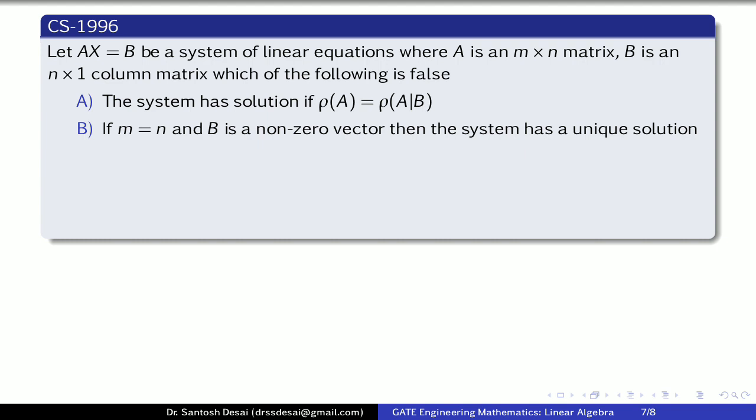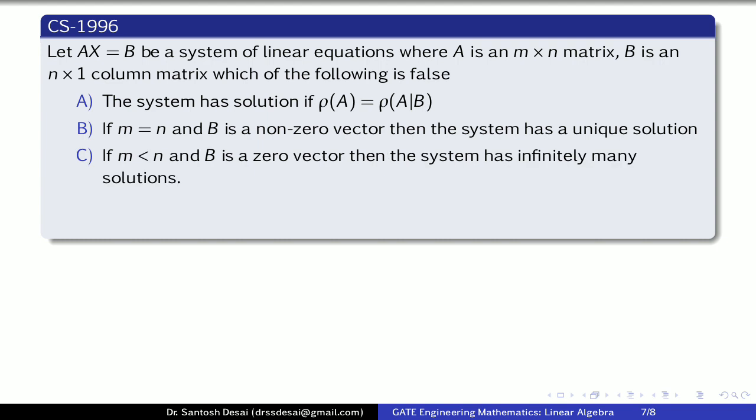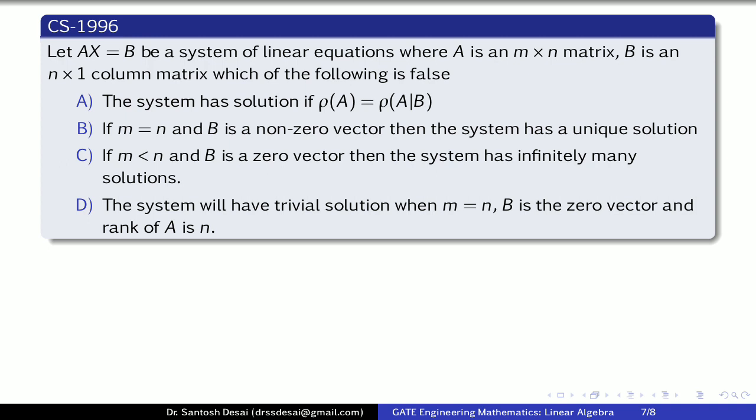B, if m is equal to n and B is a non-zero vector, then the system has a unique solution. Third one, if m is less than n and B is zero vector, then the system has infinitely many solutions. And the system will have trivial solution when m is equal to n, B is the zero vector and rank of A is n. Now to simplify this, let us consider the options one by one.